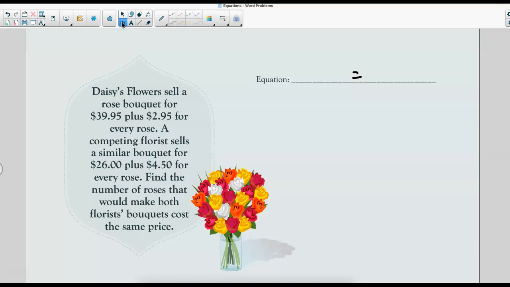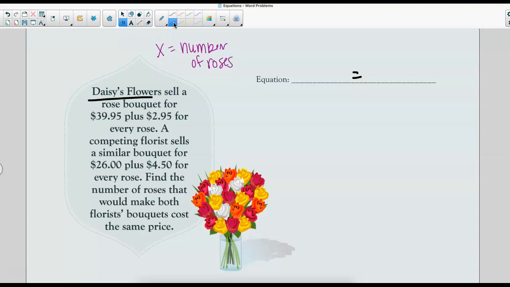So let's start with Daisy's Flowers. How much do they charge? Just $39.95? For every rose. So let's let X equal the number of roses.